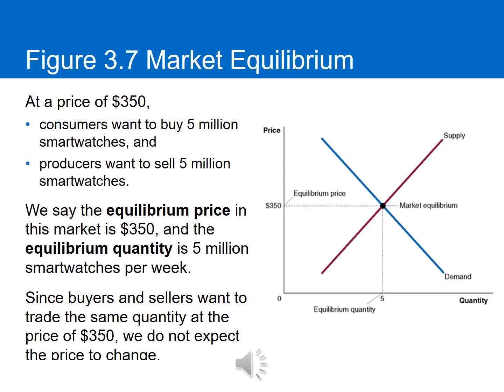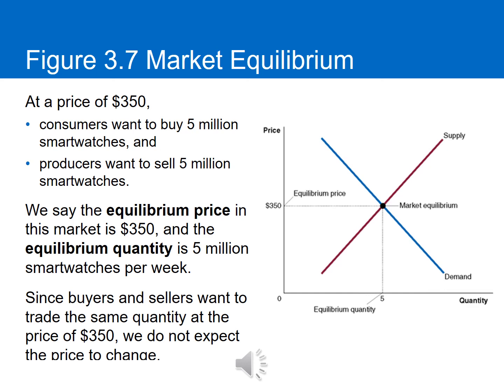So here, in this figure on the right, we have a market in equilibrium. Going back to the smartwatch example, at a price of $350, consumers will want to buy 5 million smartwatches, and producers will want to sell 5 million smartwatches. So we end up with the same number of buyers wanting to buy as sellers are willing to sell.